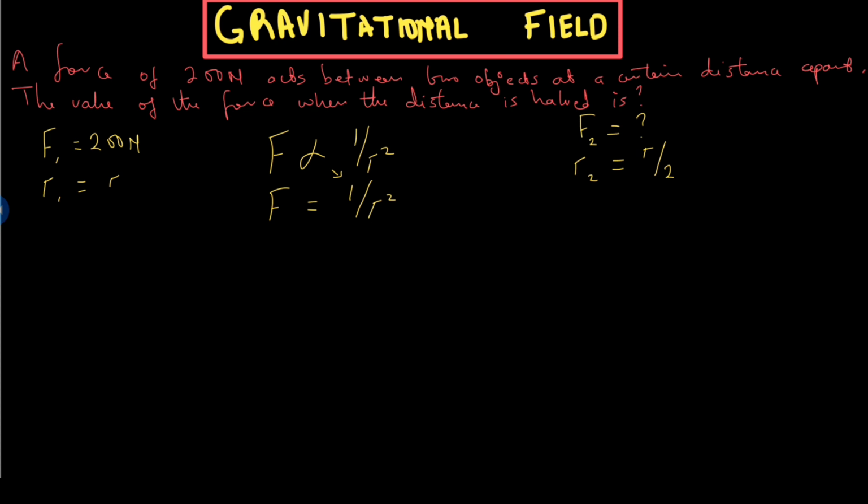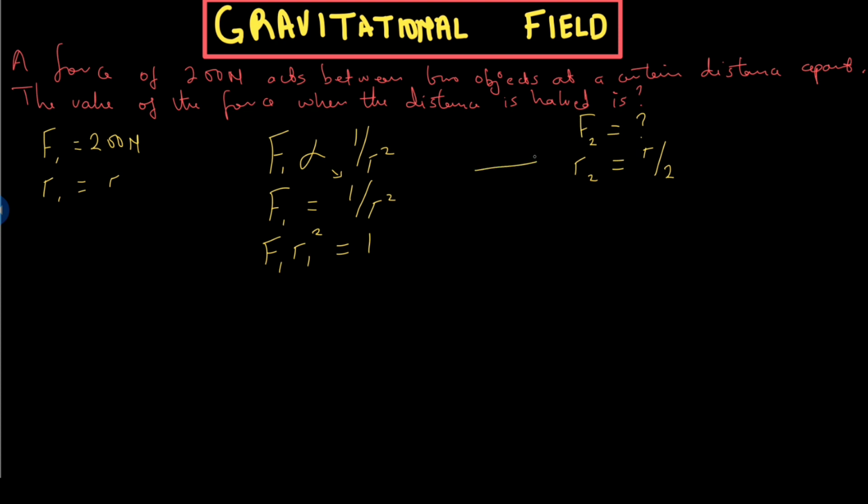If you cross multiply, you will have F1 R1 squared equals 1.